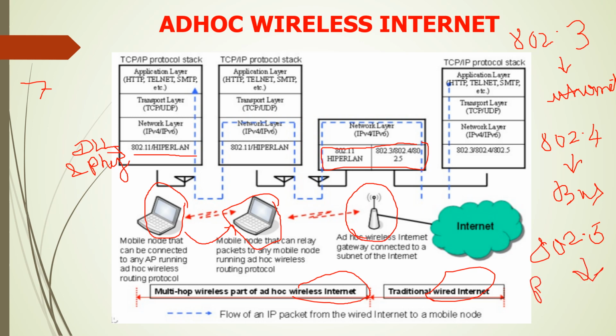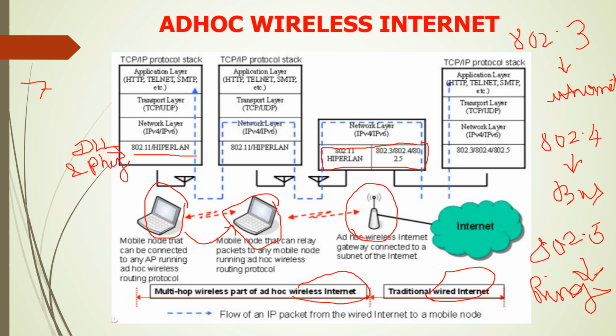These are all wired protocols. Okay, so now it is passing through these two layers, the data link and physical layer, followed by the network layer. Now what happens? This gateway will be connected to the internet.